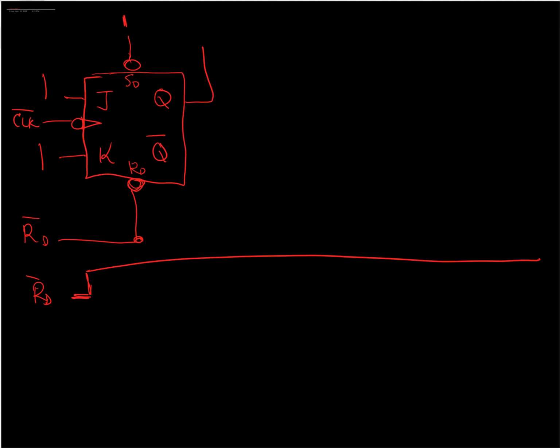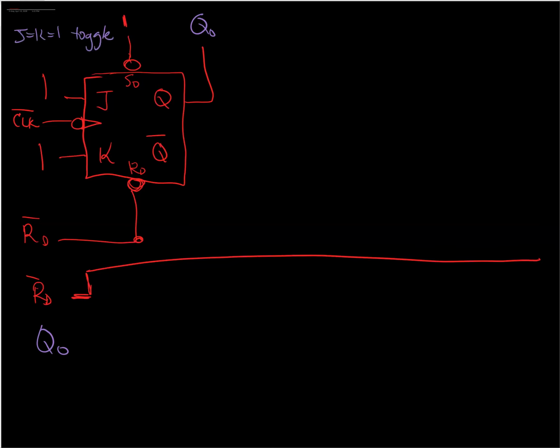I'll make Q0 purple here and Q0 purple down here. So with both inputs J and K tied to 1, this flip-flop is going to be in the toggle state.